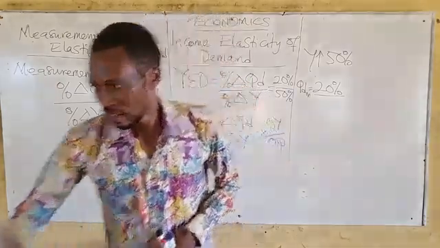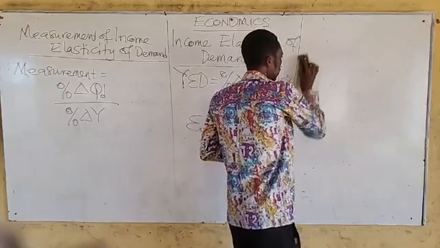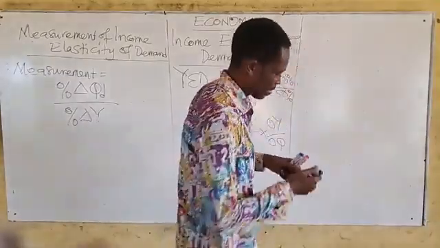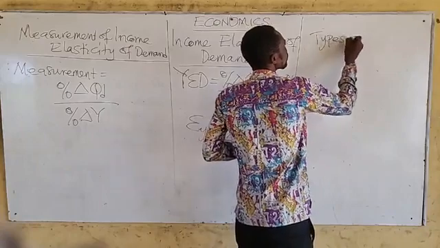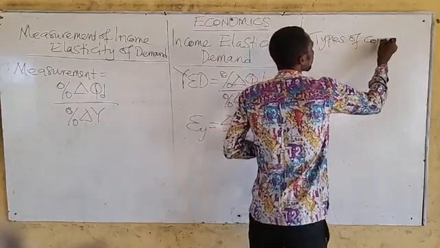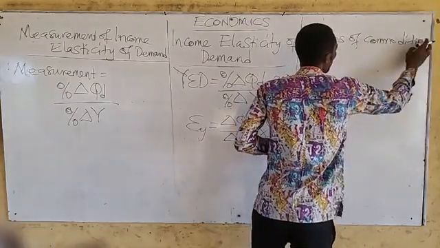So then, learning income elasticity of demand will tell us types of commodity.